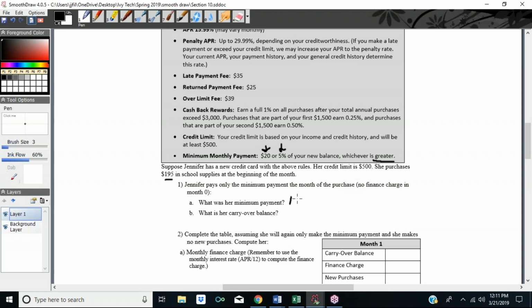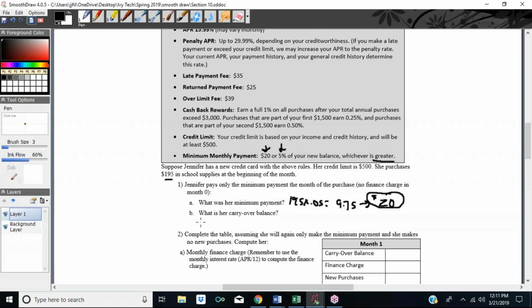We're going to have to take that $195 times 0.05 and see if it's greater or lower than $20. And that looks like $9.75. So her minimum payment is going to be $20 because it says whichever is greater, the $20 or the 5%.